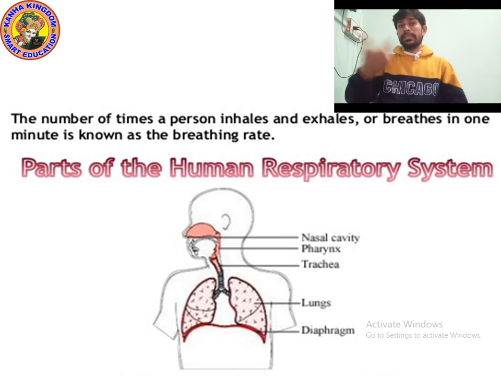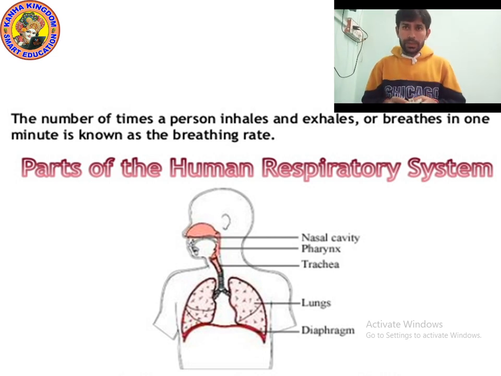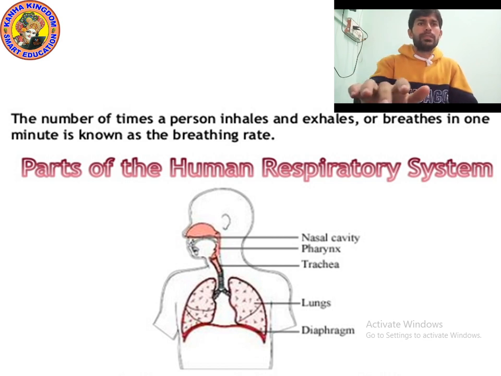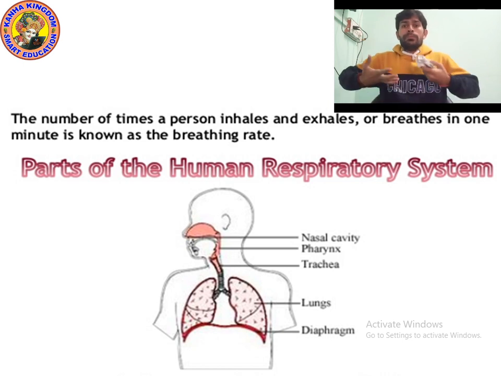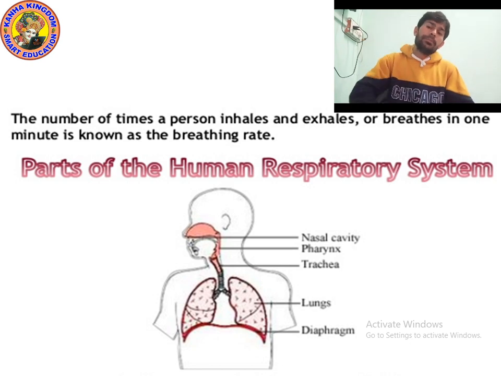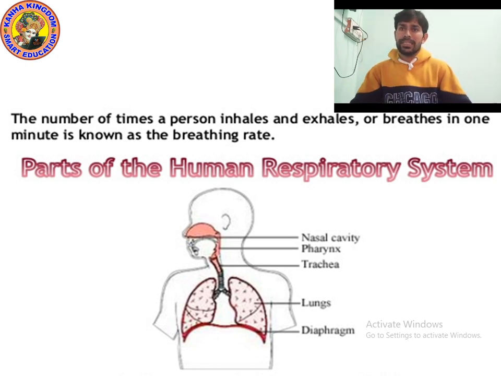The lungs are located in the chest cavity. The actual mechanism of breathing involves the movement of the rib cage and the diaphragm, which are located around the base of the chest cavity. During inhalation, when we breathe in, our diaphragm moves down and our ribs move upward, so the space in the chest cavity increases.